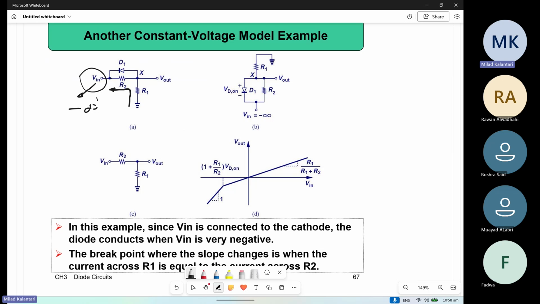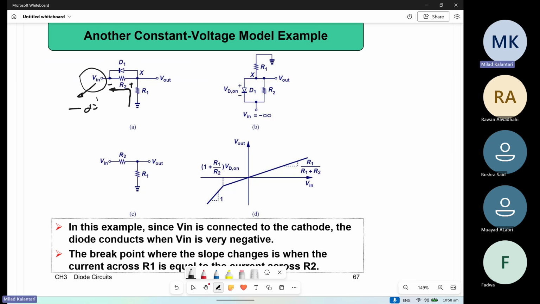How is the polarity of the R2 voltage? This side is positive, this side is negative, right? So this positive and negative is able to turn the diode on then. I mean, you can first assume the diode is not here.